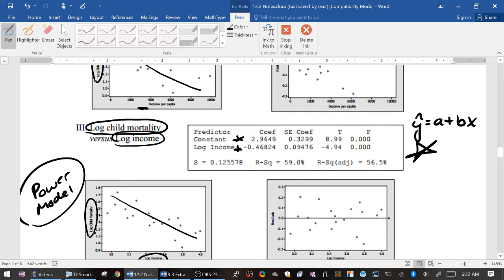Okay, but because we have a log on the y and the x-axis, we now have to transform this to say log of y hat equals a plus b log of x. Okay, and we're supposed to have a log on both of our variables. Okay, so I've got a y-intercept of 2.9649.